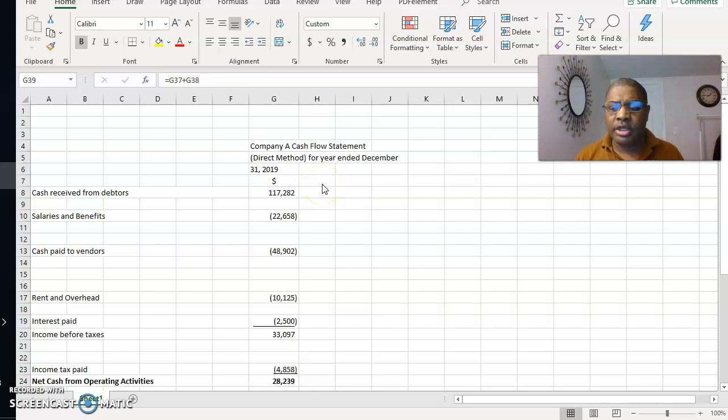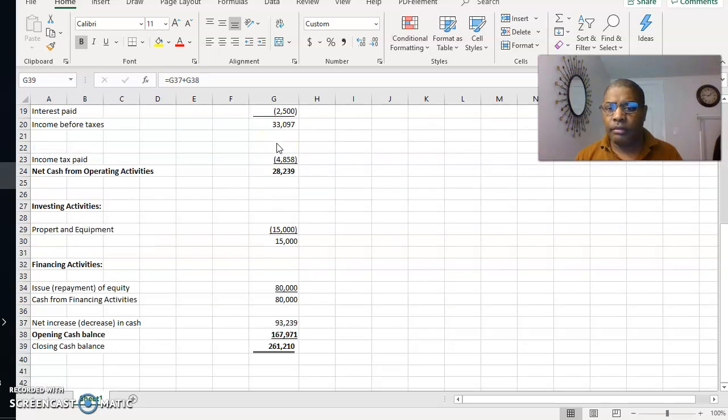Those are the two major advantages. For the direct method, the advantage is that users who are not inclined in terms of preparing a cash flow can see directly how the cash is being spent. There's no adjustment in the operating section of the cash flow, so it's very easy for users to see how the cash is being spent.